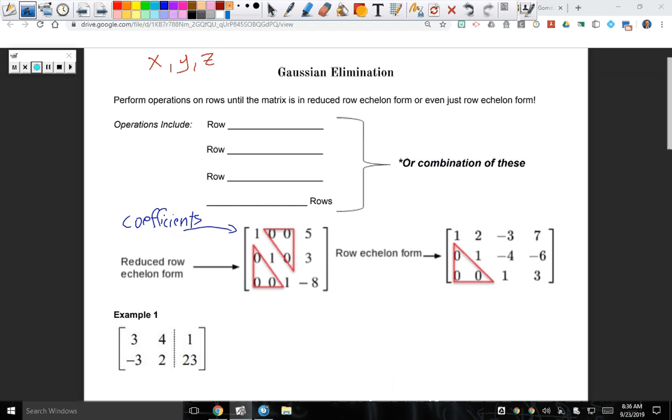of said variables. Okay, so first of all, perform operations on rows until the matrix is in reduced row echelon form, RREF, or even just row echelon form. That's just REF. So operations include the following. First of all, you will multiply, so there's multiplication involved.